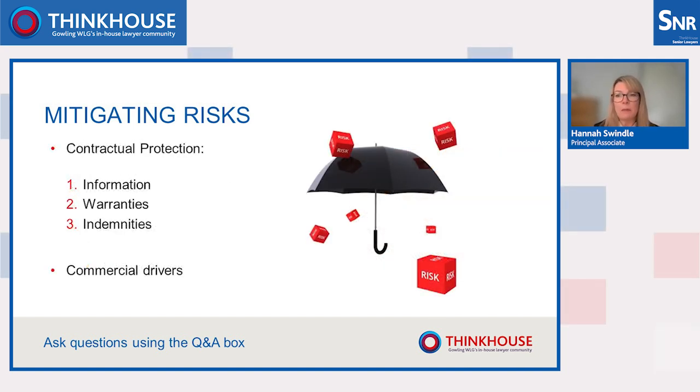This is really key when you're entering into any sort of agreement for services. The customer needs to be able to require the supplier to provide employee information at an early stage, and you can use warranties to ensure that the outgoing employer stands behind the accuracy and the completeness of that information provided. Indemnities are really key in the context of a TUPE transfer.